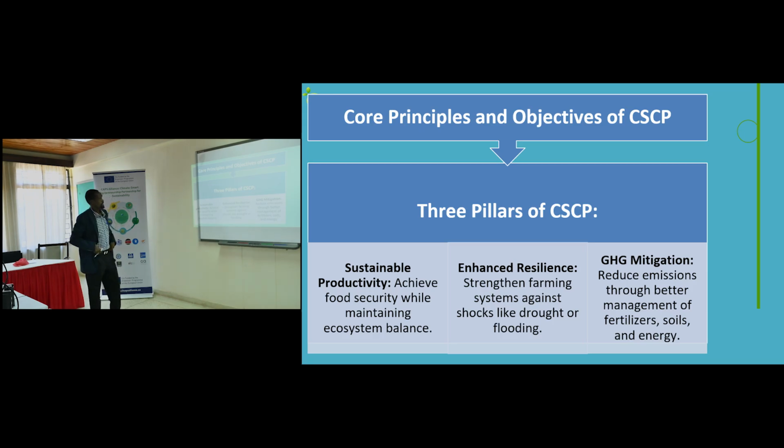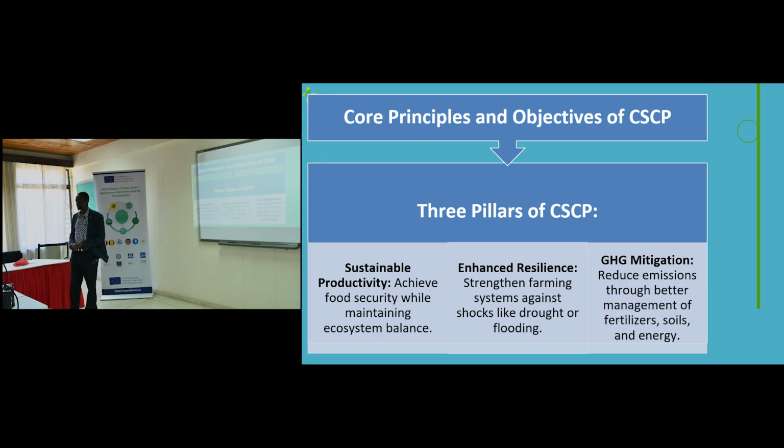Core pillars and objectives of climate smart crop production. There are three main pillars. We have sustainable productivity, to achieve food security while maintaining ecosystem balance. So the most important thing here is actually productivity.